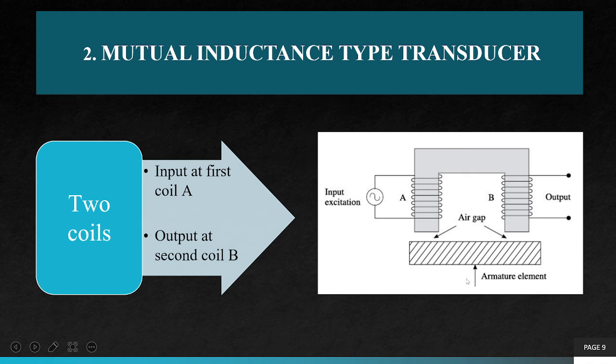Other than that, everything is the same. An armature element is there, a pressure sensing element will be given there, and the air gap will be produced. That air gap will induce the change in the coil. So this is the mutual inductance type transducer.